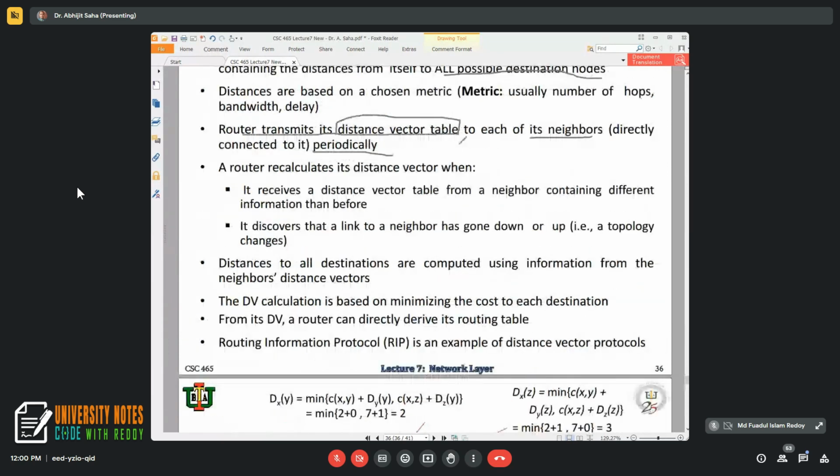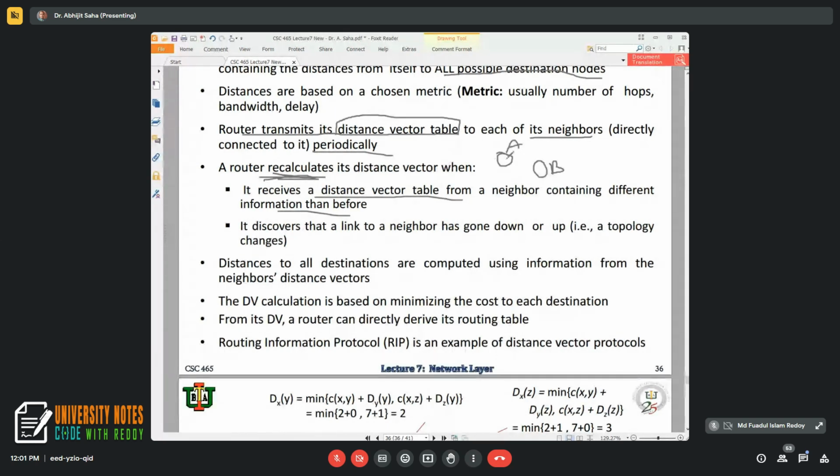So the distance vector table the router has can be recalculated. It is recalculated if it receives a distance vector table from a neighbor containing different information than before, or if it discovers that a link to a neighbor has gone down or up, so the topology changes.